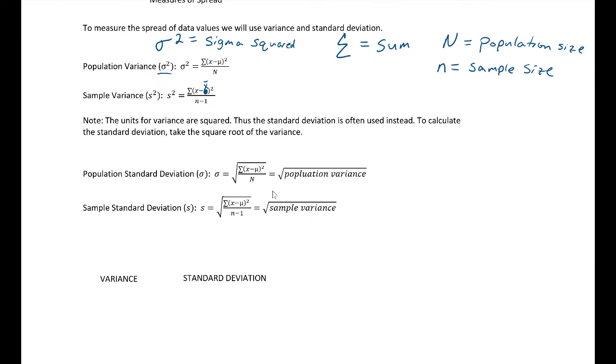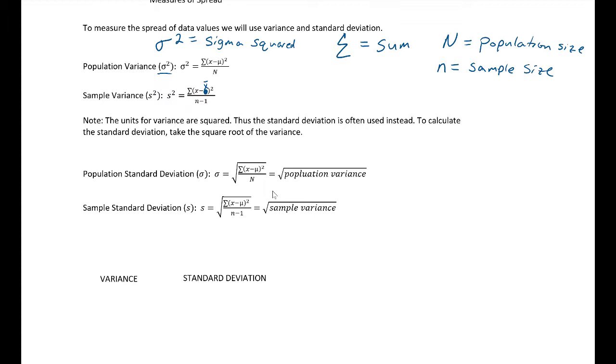So notice that the units for the variance are squared because we are squaring what we call those deviations. Therefore, instead we like to use something called the standard deviation. The standard deviation is the square root of the variance. So the units for standard deviation are going to be to the first power, units that we are used to.